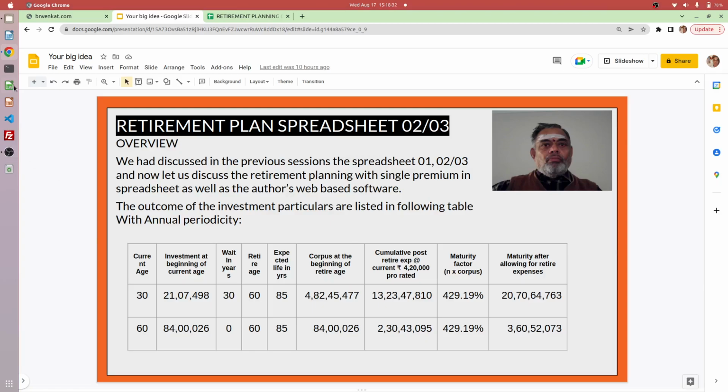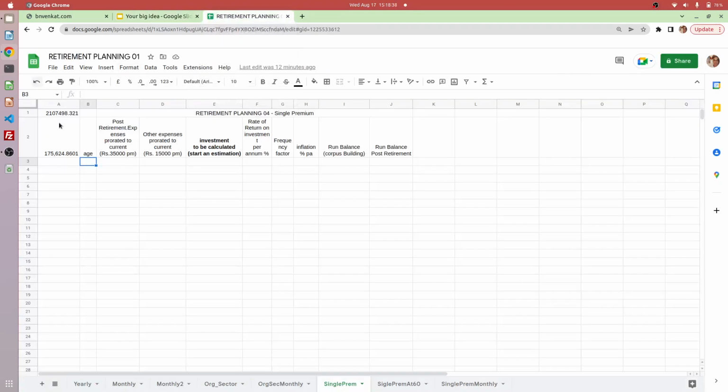Let us see how to create the spreadsheet. I have created headings. Let us not waste time in creating the headings and sizing the columns, etc. A1, the field 1, is the variable field for our goal seek option.